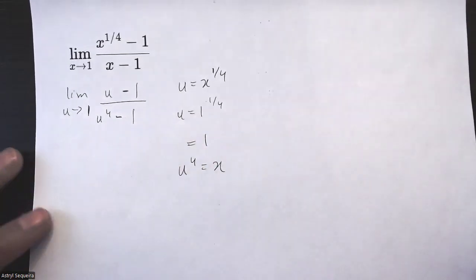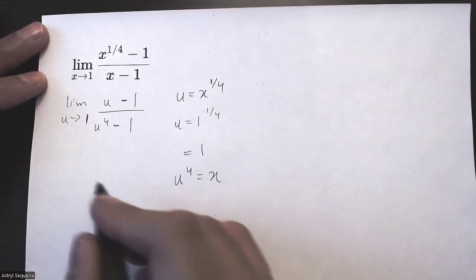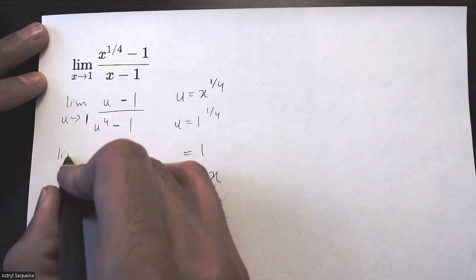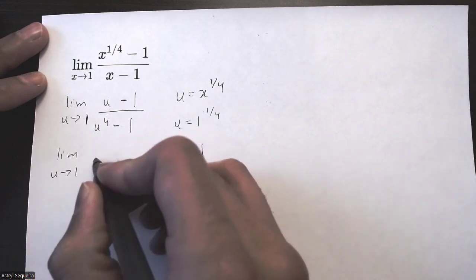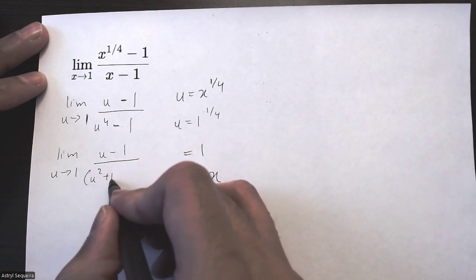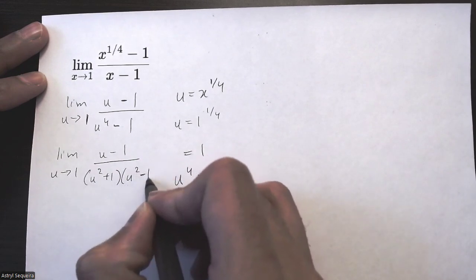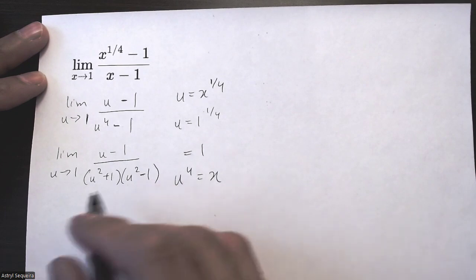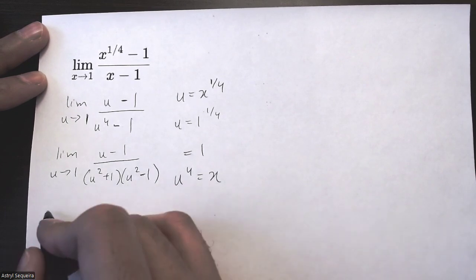You can factor the denominator over here by difference of squares. So the limit as u approaches 1, top stays the same. Bottom is now u squared plus 1 times u squared minus 1. And then I can factor this even further by difference of squares again.